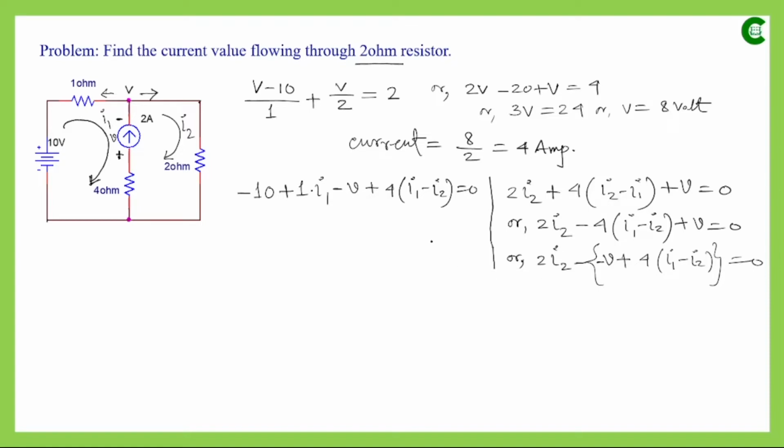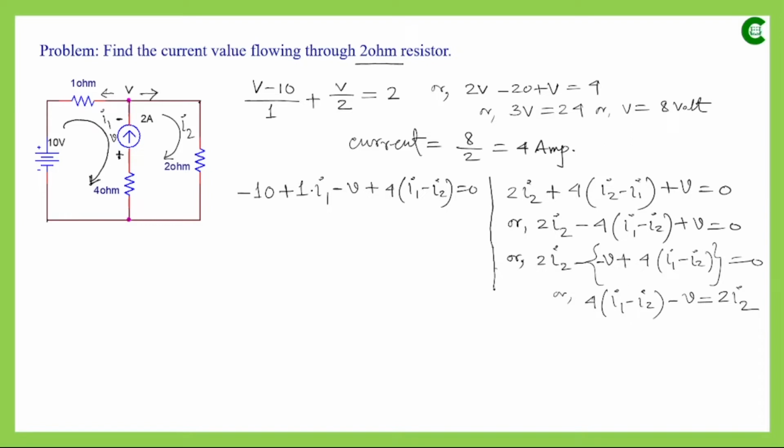Now one thing which can be noticed from these two equations is that this term, plus 4 into I1 minus I2 minus V, is common between these two equations. So from here we can simply replace this term in this equation. If I take 4 into I1 minus I2 minus V and rearrange, it will be equal to 2I2.